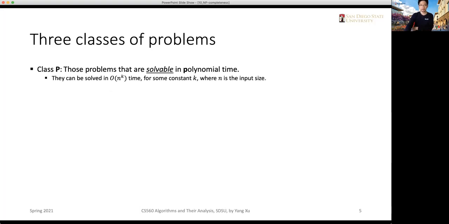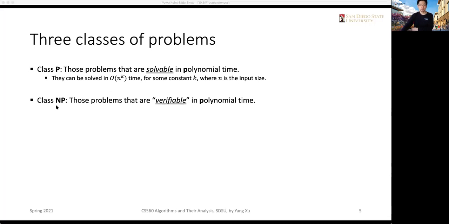Okay, and the second is NP. Okay, so the meaning of it is not as the name indicated. It doesn't mean that it's not solvable. I think this is where the first confusion would come from, right? So the NP is not for not solvable. Okay, it actually means that it's verifiable in polynomial time.